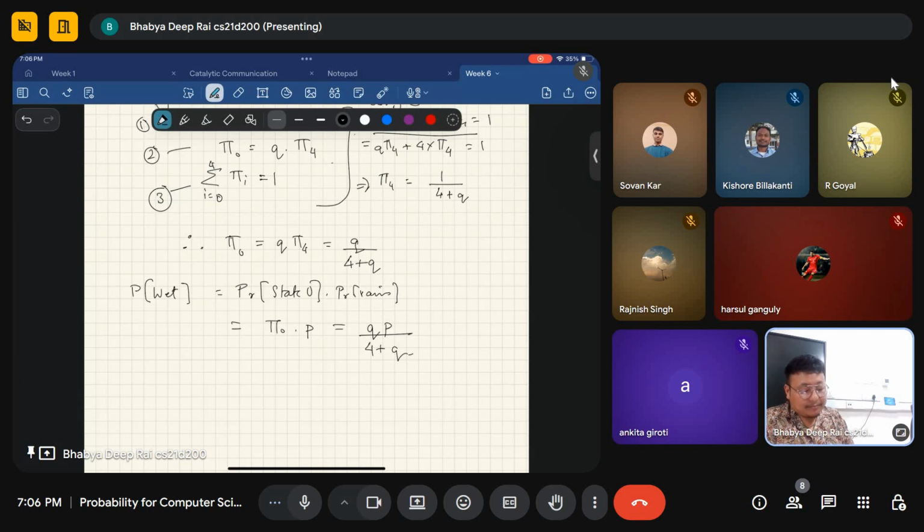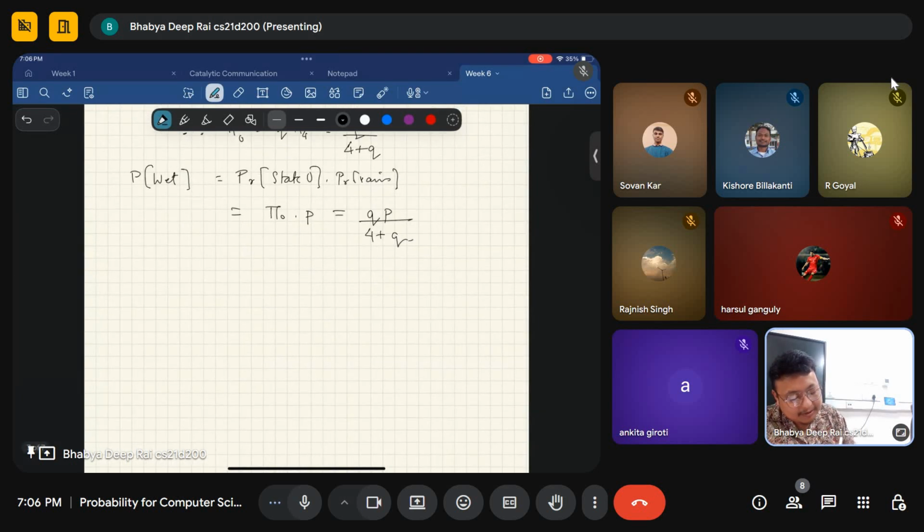Okay. Now, let's say suppose p is 60%, then what is the probability that I get wet?